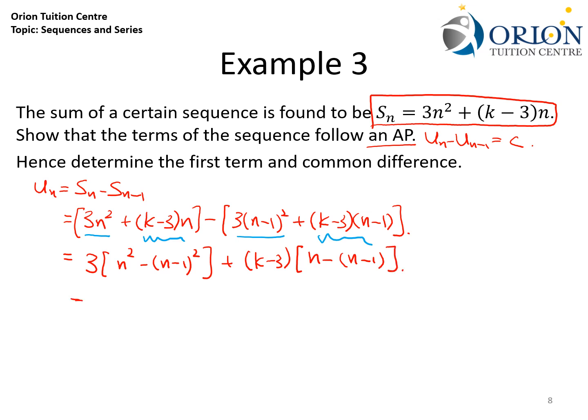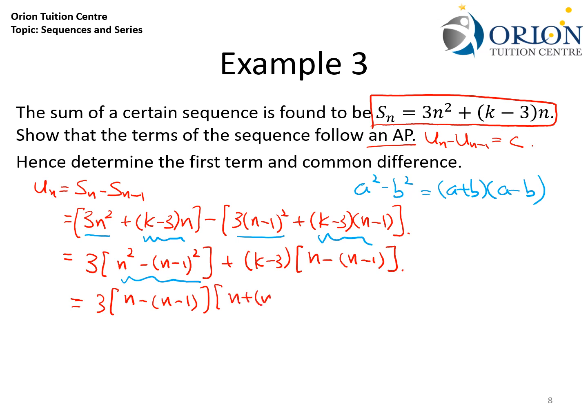The reason for doing so is because in this term, I can make use of the property of a squared minus b squared, which equals a plus b, a minus b. And this gives me 3 multiplied by n minus n minus 1 multiplied by n plus n minus 1. And this second term over here is simply k minus 3. And therefore, I will end up with 6n plus k minus 6 for Un.